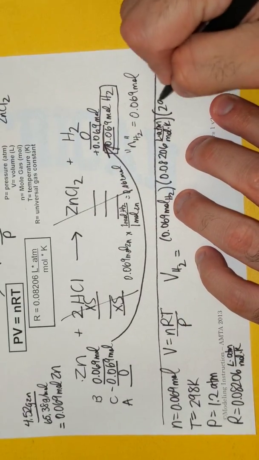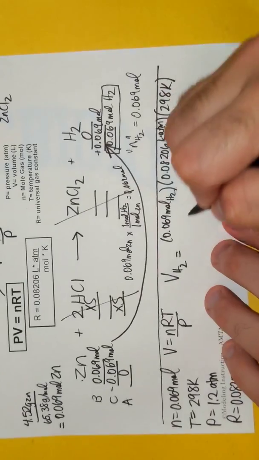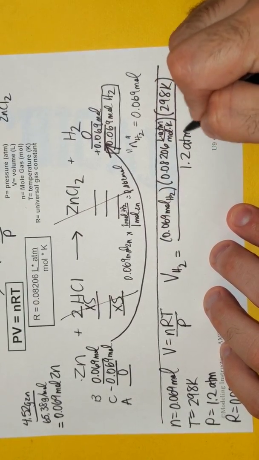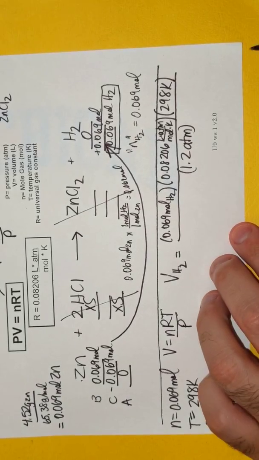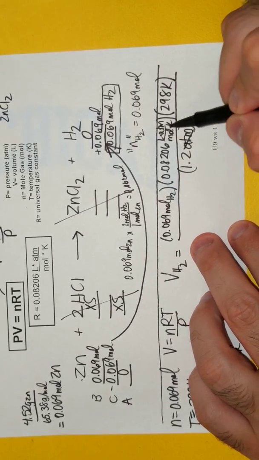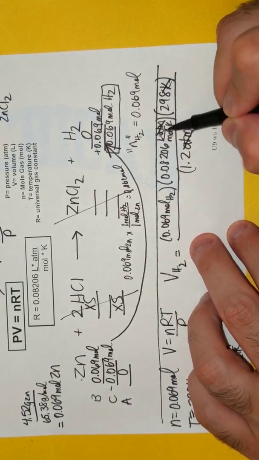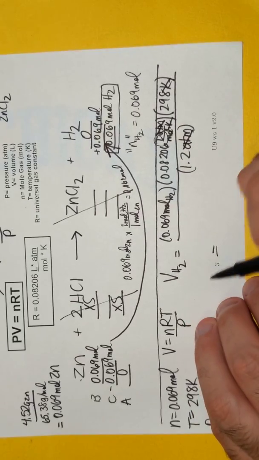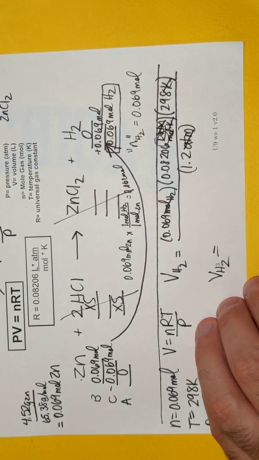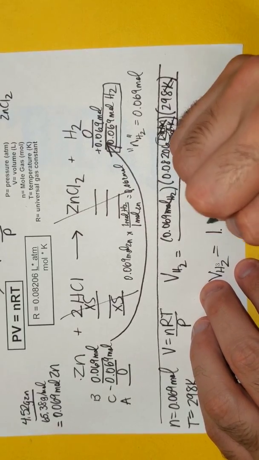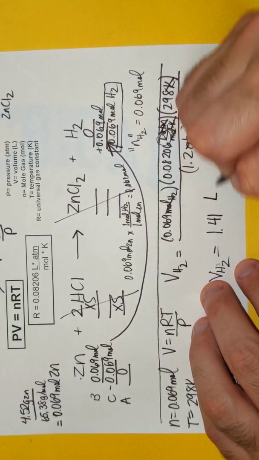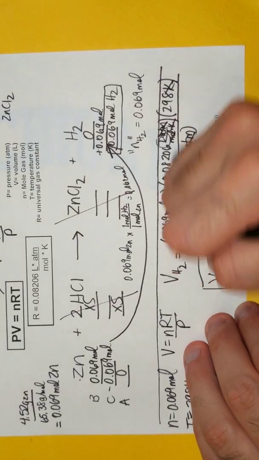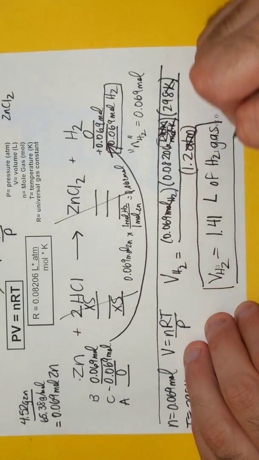T is 298 Kelvin, and over P, which is 1.2 atmospheres. Atmospheres cancel with atmospheres, Kelvin with Kelvin, moles with moles, and I'm really only left with liters. If I do this math correctly, my volume of hydrogen gas should be 1.41 liters of H2 gas. That should be my answer.